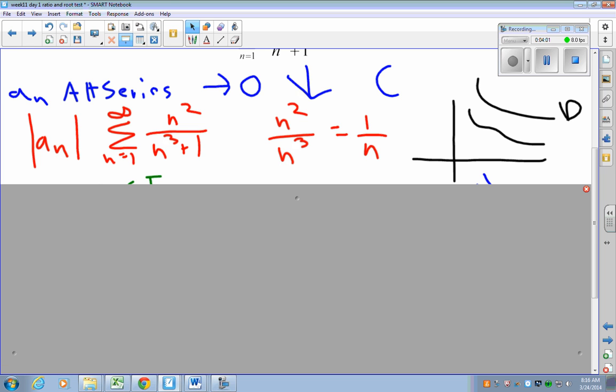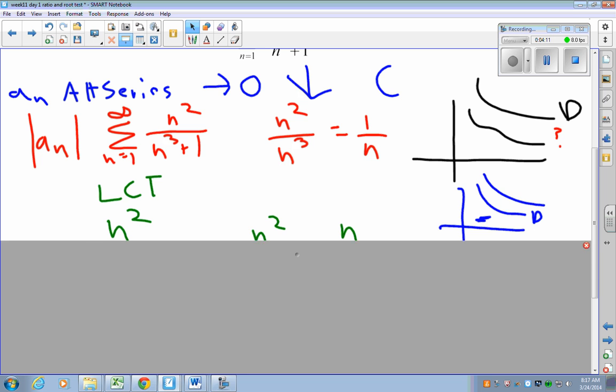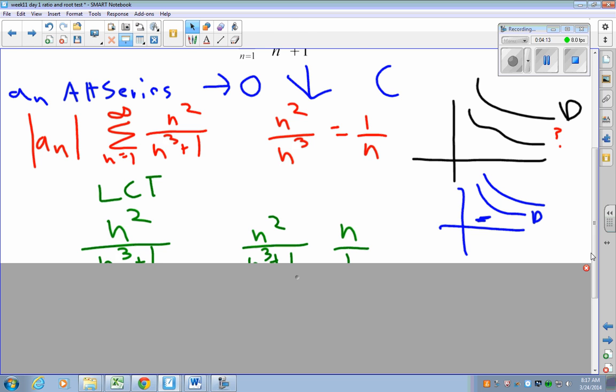Do you know yet? This is on the black one. From the direct comparison test, you don't know what you have here. Okay, just a reminder on that picture. And let's look at this picture. If you have a divergent series below, what do you know if you have something above it? That for sure diverges.